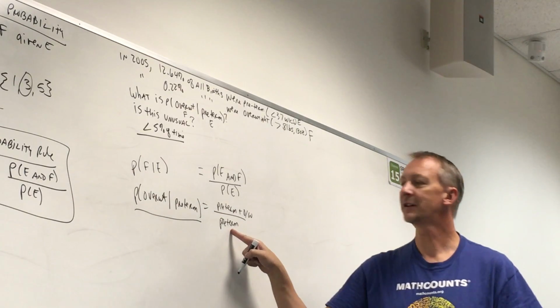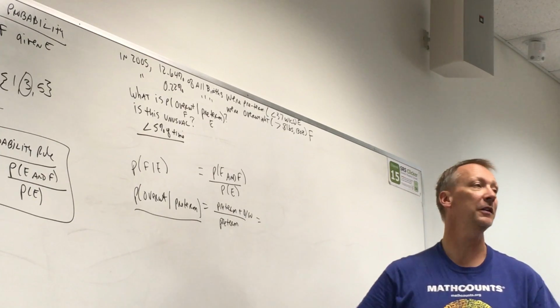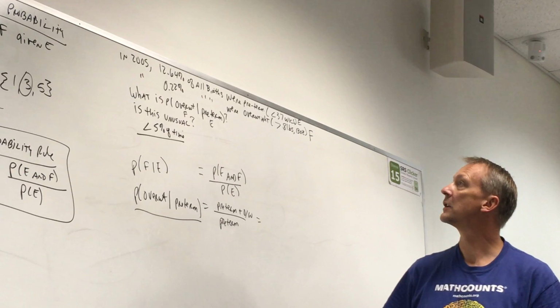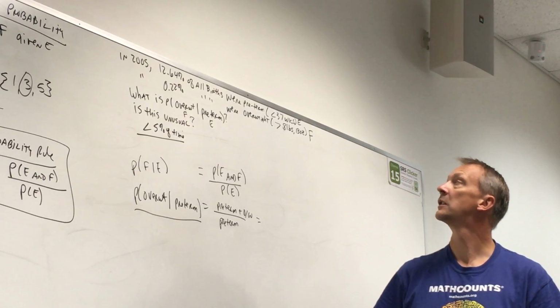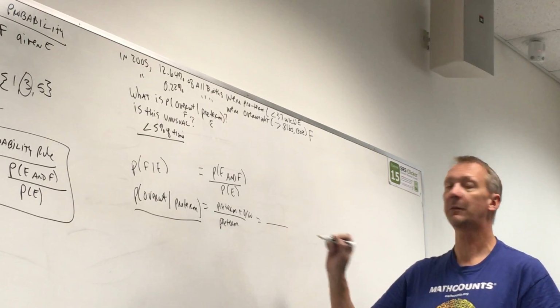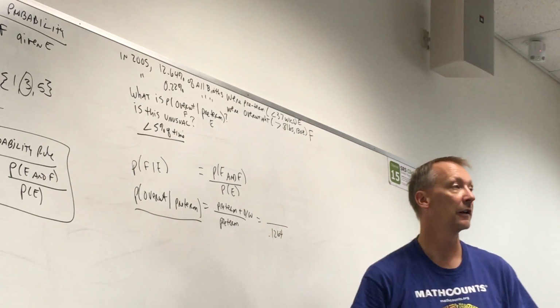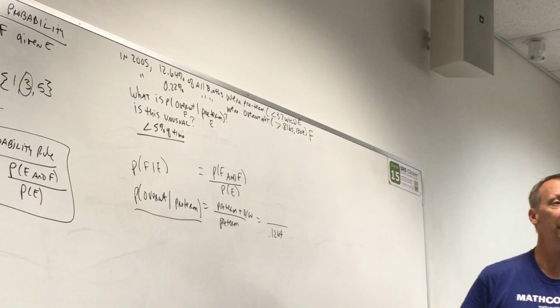Now, let's do this one because this is the easy one. Probability that the baby is preterm is what, Clara? 12.64%. I'm going to convert that to a decimal, so 0.1264. Now, here's the part where people get a little confused.